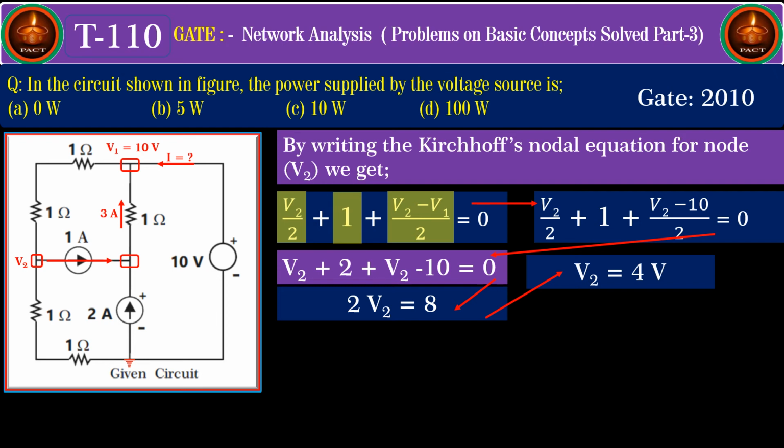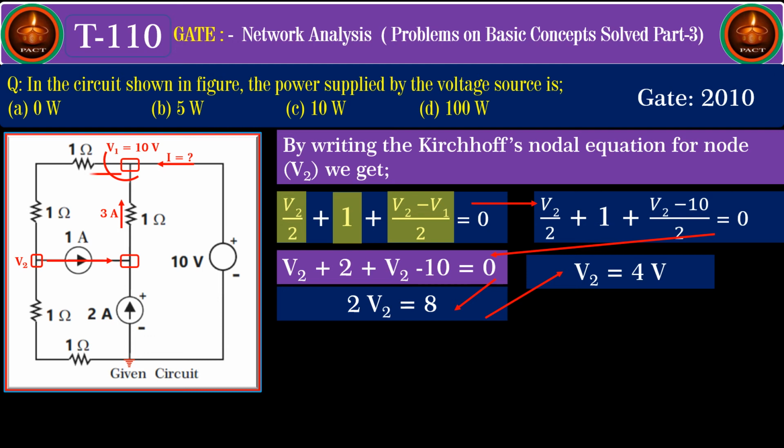Now, the interesting part of the solution is to concentrate on the node V1, and because we want to find I, if we find the currents in these two branches, we are done with it. We can apply Kirchhoff's current law and find I. You also know that already one branch current 3 ampere is entering V1.